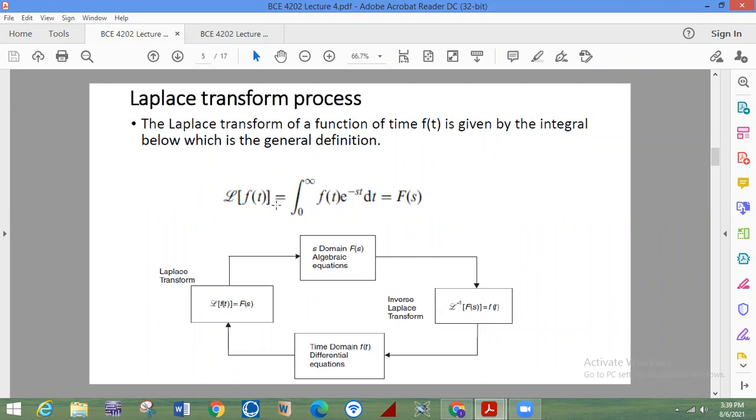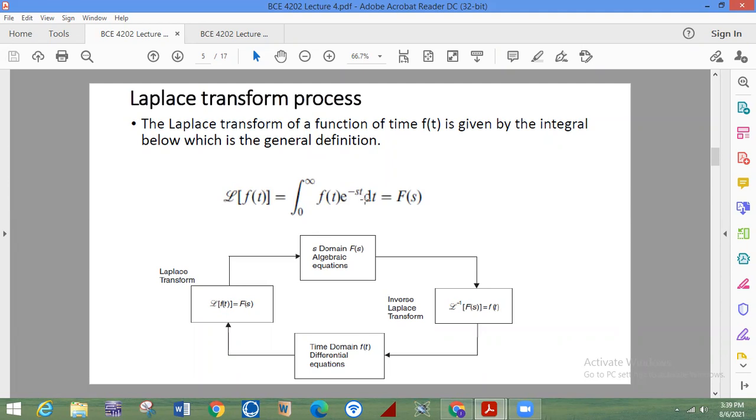Then how we define this general equation: it is an integral from 0 to infinity of this function of t, times e to the negative st, dt.